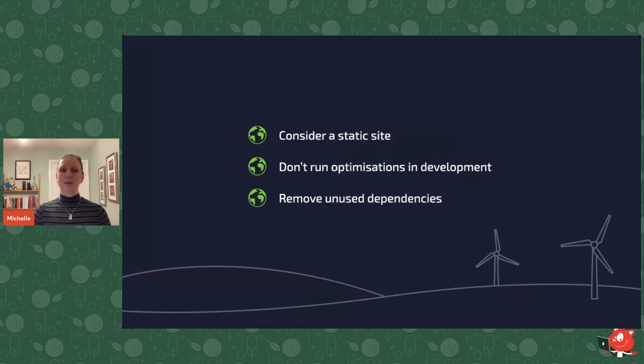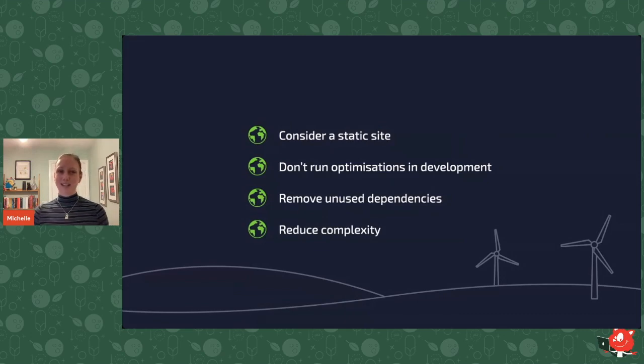We should remove unused dependencies from our projects so that they won't be installed by others. I don't know if you've ever looked at a graph of the dependencies of your npm modules, but it's sometimes pretty scary how many dependencies and other dependencies of dependencies are being downloaded. So remove dependencies that we don't need.